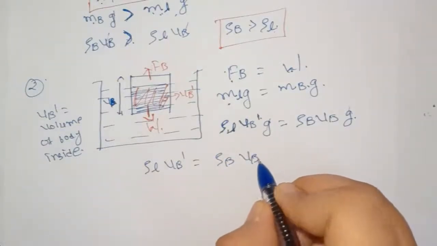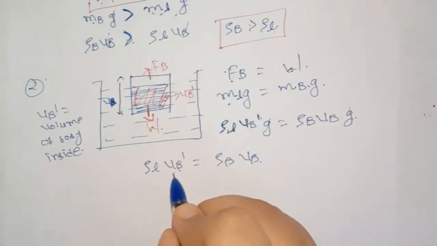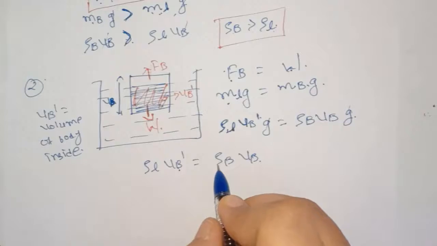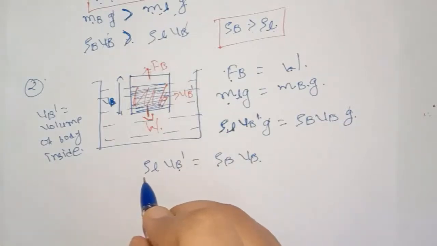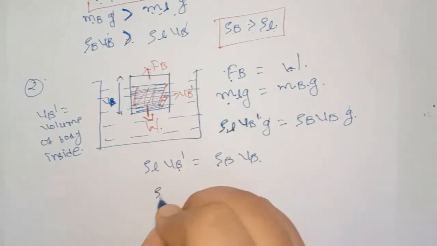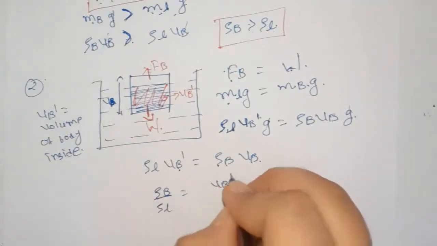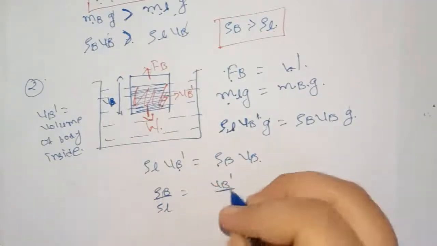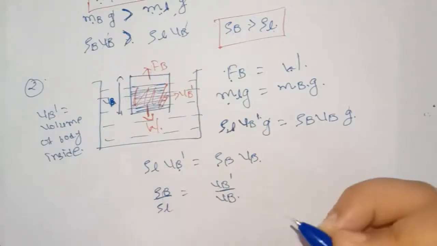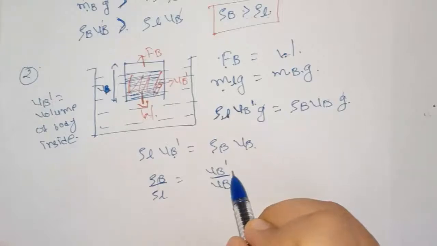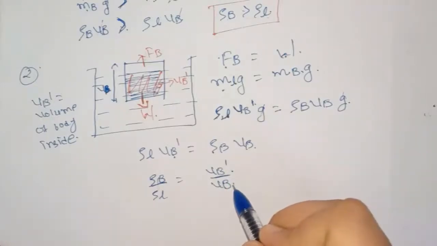VB is the volume of body, VB dash is the volume of body inside the fluid. Rho B is the density of body and rho L is the density of liquid. We can write from this rho B by rho L is equal to VB dash by VB. VB dash is the volume of body inside and VB is the total volume.